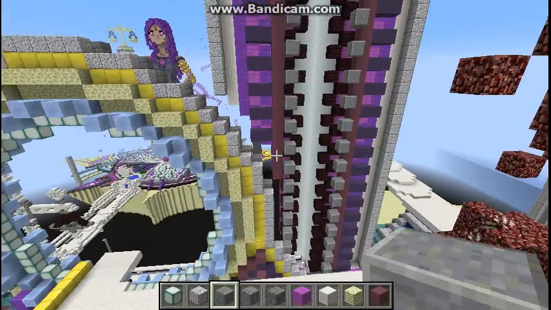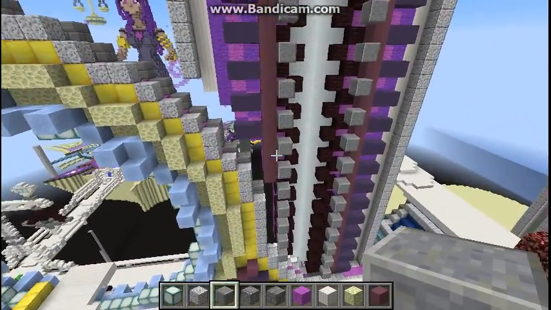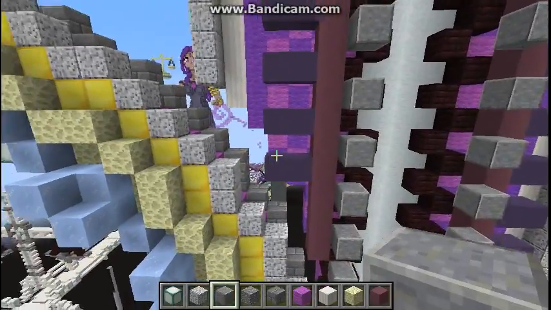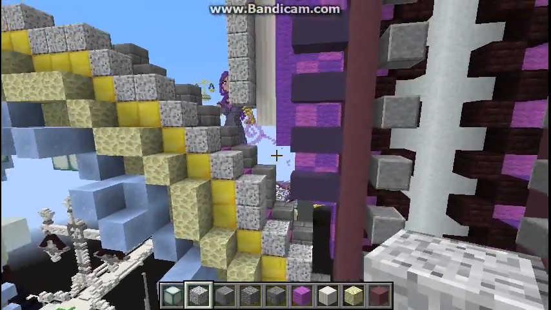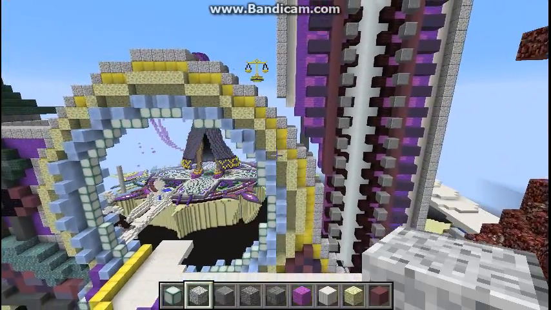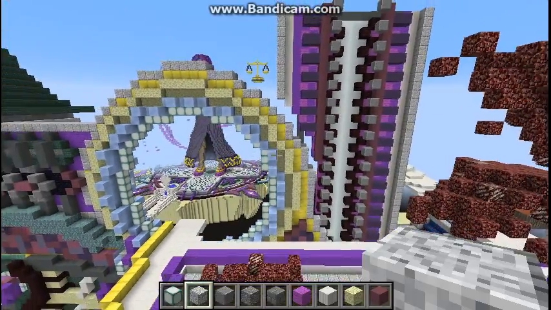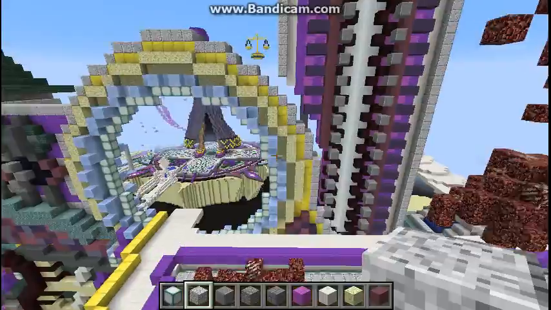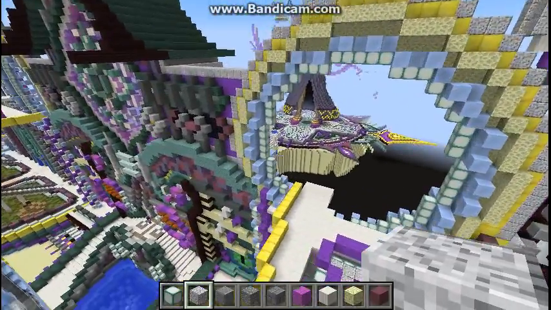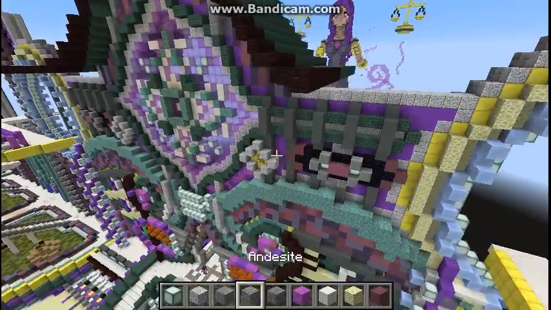Now, as I was saying, initially I was going to grab diorite because it was already in my inventory. But I realize now, looking at it a little better, that I should pick a color that I haven't used in a while.